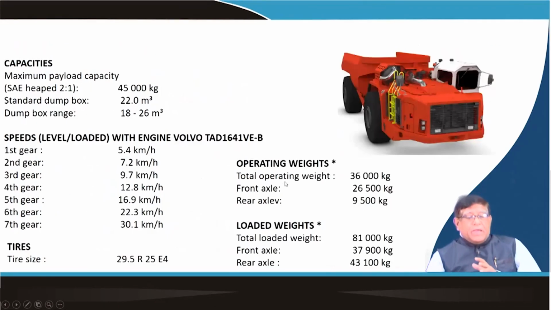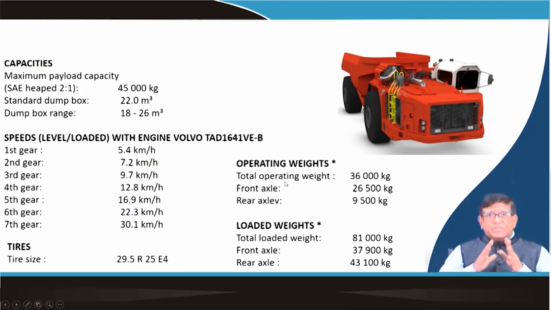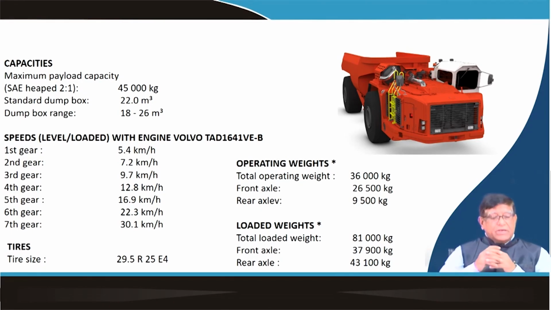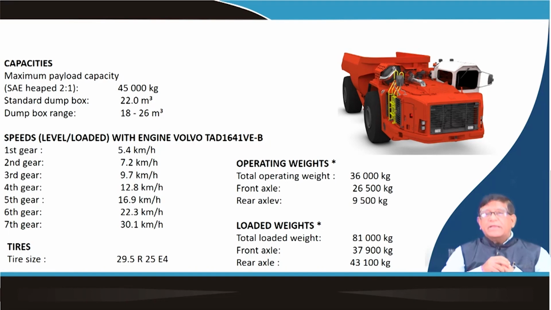So, you have these machines of very high capacity. You can see the specifications here: the heaped capacity is 45,000 kg. The capacity of this type of dumper is given by the Society of Automotive Engineers specification. They give a stack capacity and a heaped capacity.